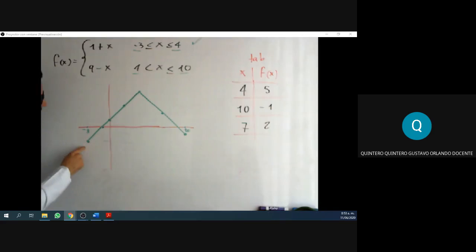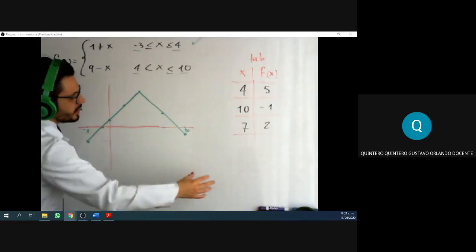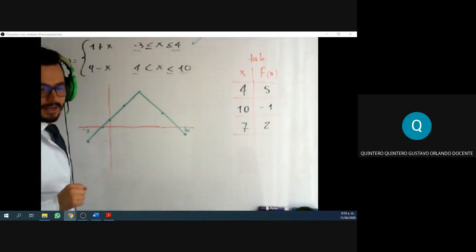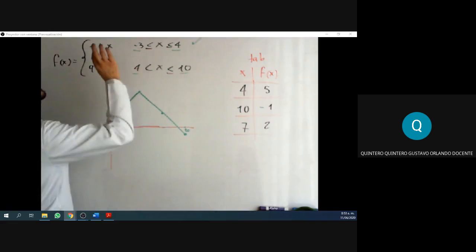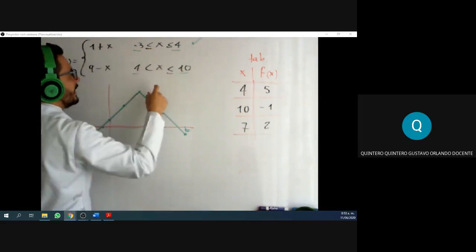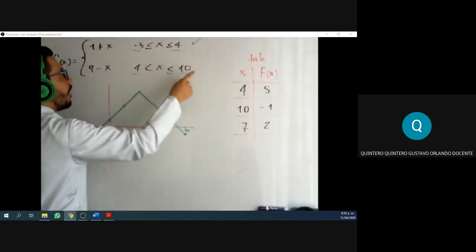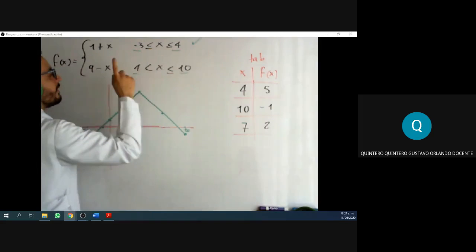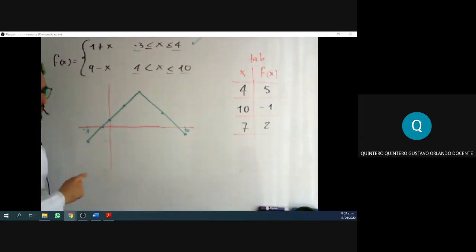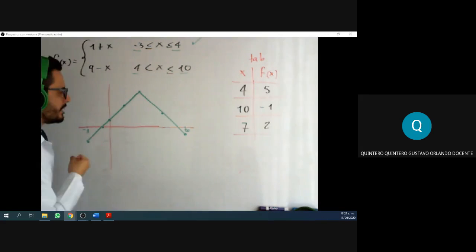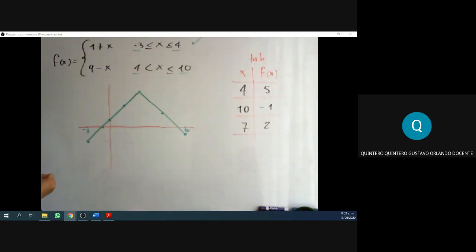We don't make an arrow showing that this continues to infinity. We don't do that, because in this case the only intervals are from -3 to 4 and from 4 to 10. Those are the only pieces of information. If we do something more than this, then the drawing will be wrong.